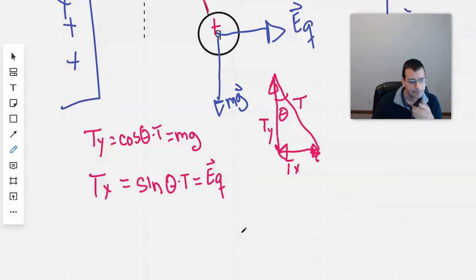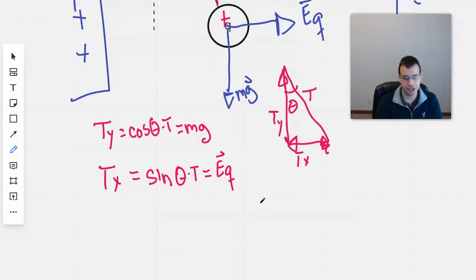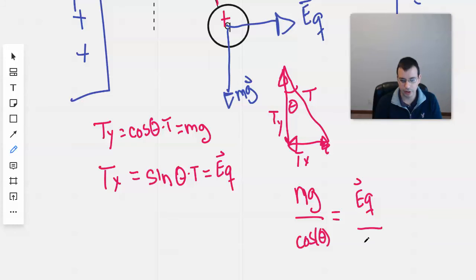So if we solve both sides for tension and set them equal to each other, we'll get mass times gravity over cosine of theta equals electric field times Q over sine theta. So what we did there is we just solved for the tension by moving these over, and then set them equal to each other.